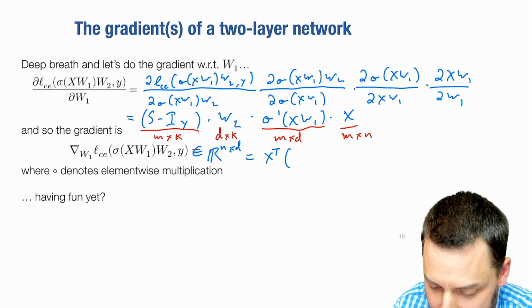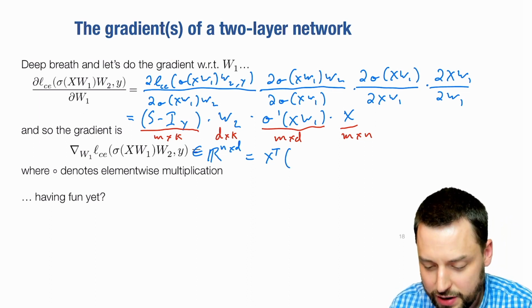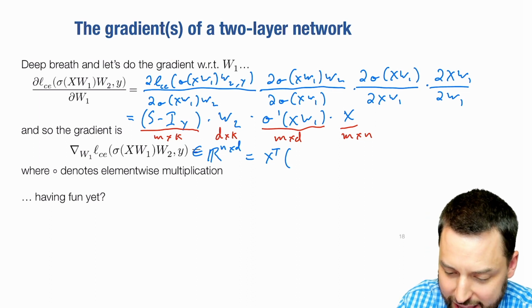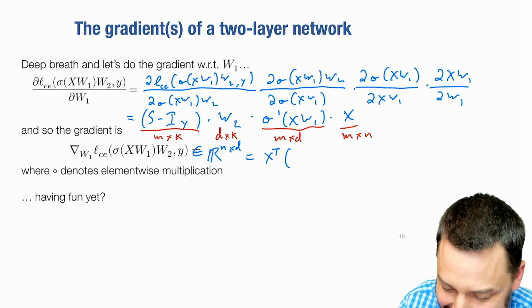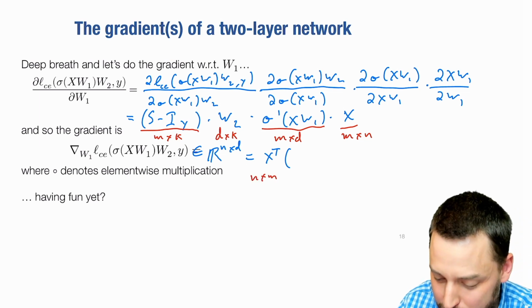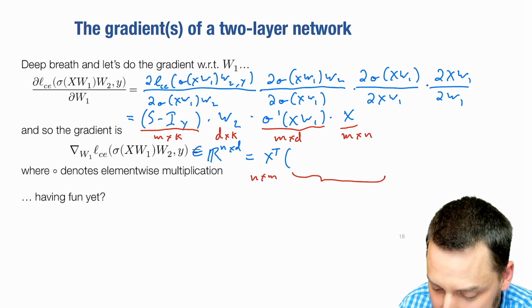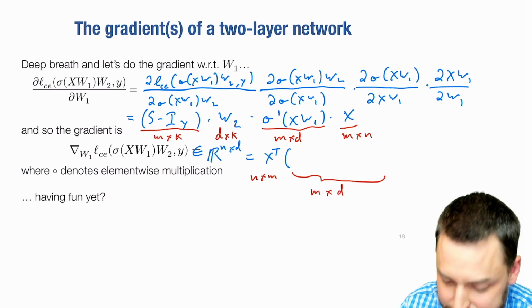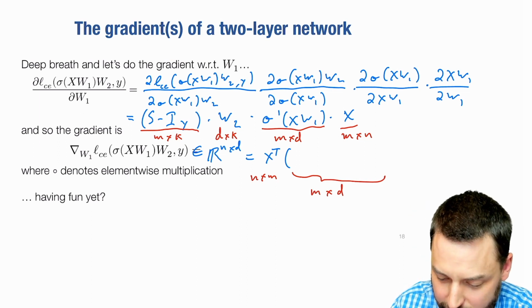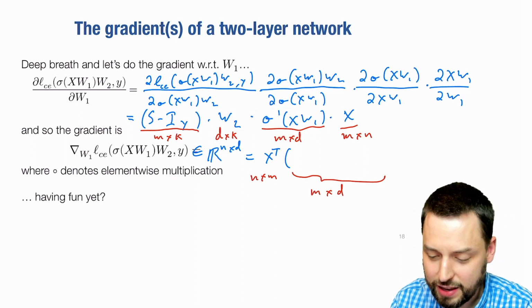All right, x is m by n, so x transpose would be n by m. So whatever is inside here, we want it to be m by d. Well, we already have one of these, right? We already have this one, which is m by d.